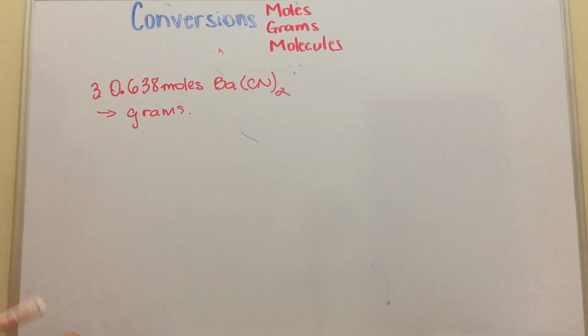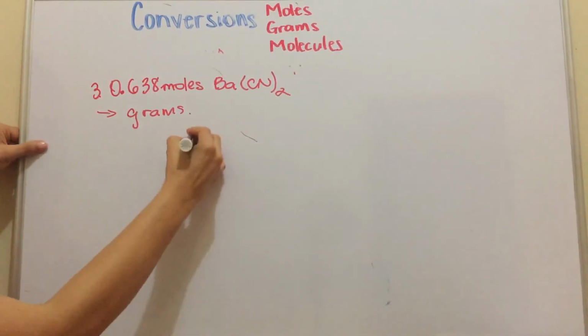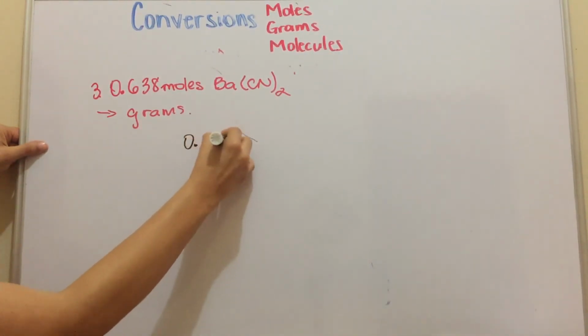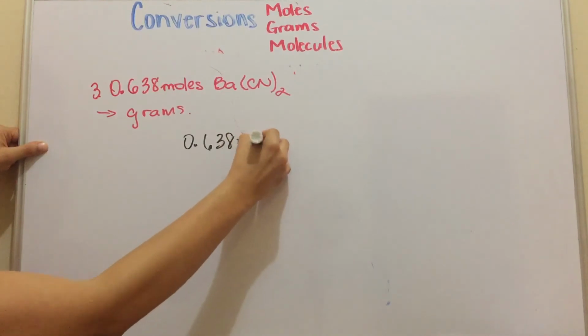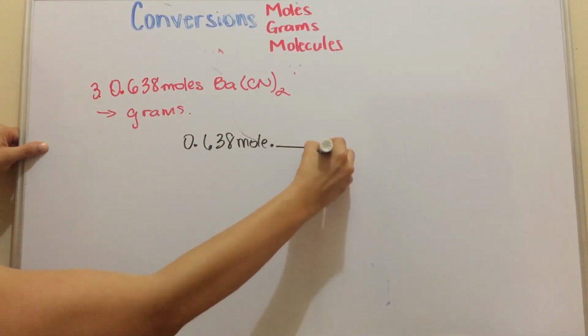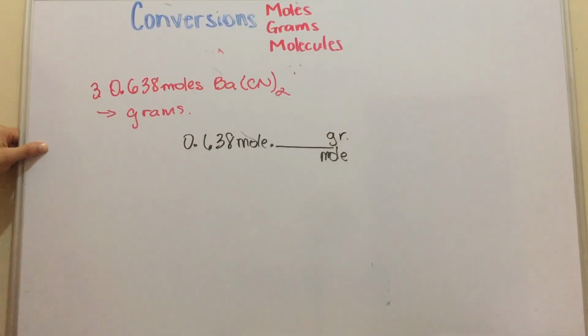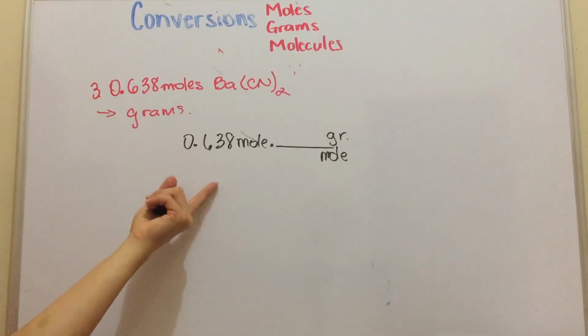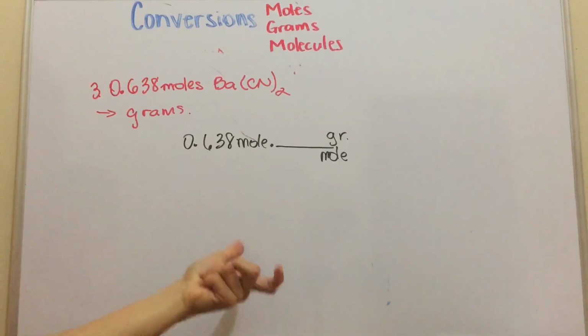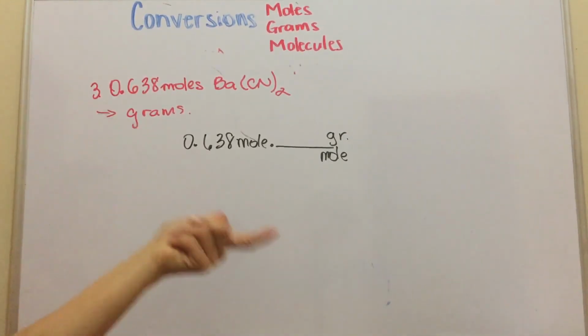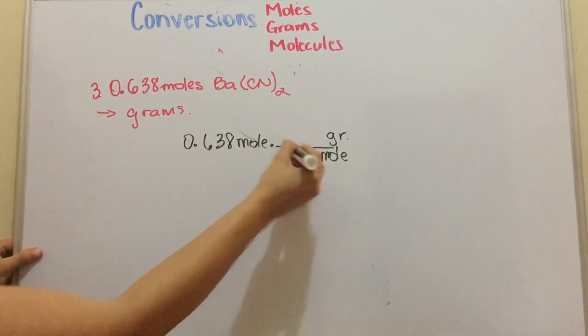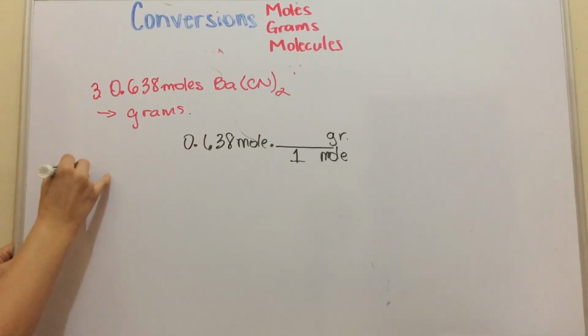Alright, so we have 0.638 moles times moles and grams on the top, because I want to convert to grams. Which one is going to carry the 1? The moles, because 1 mole is equal to the weight. So 1 mole has how many grams? We're just going to find that out.